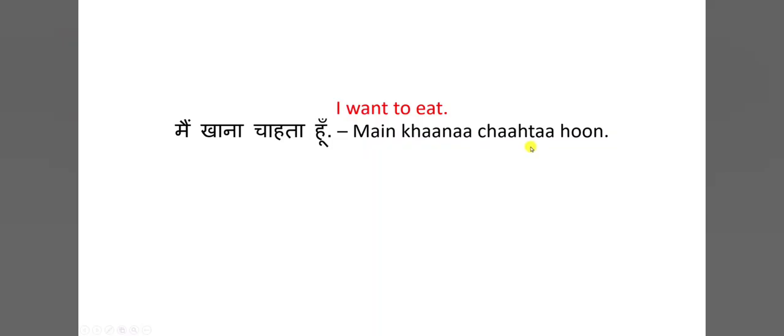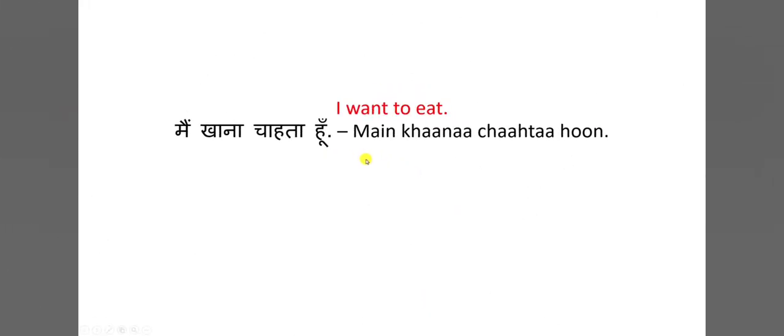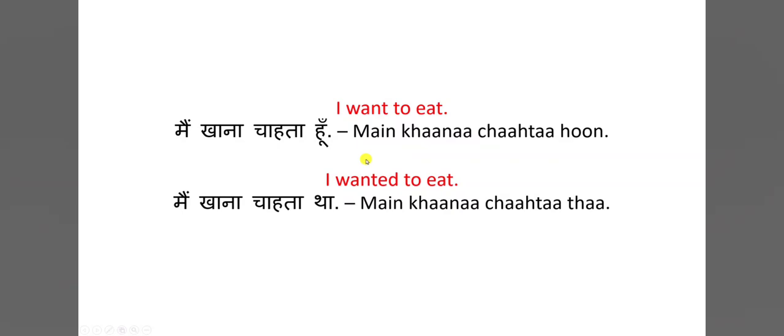This is a direct construction, meaning the verb suffixes change according to the number and gender of the subject, which is I here in this case. Right? Now, the past form of this is I wanted to eat, which in Hindi is मैं खाना चाहता था.